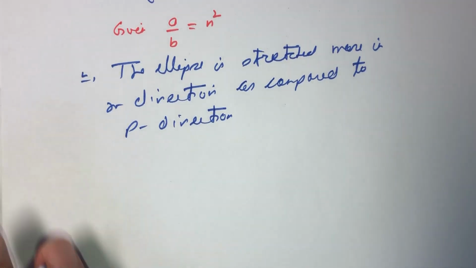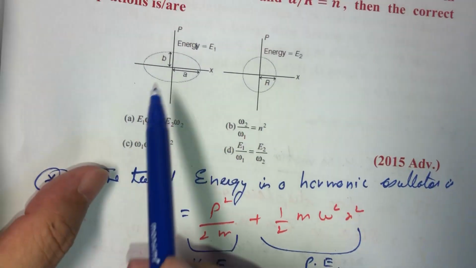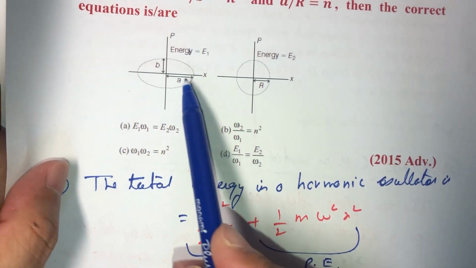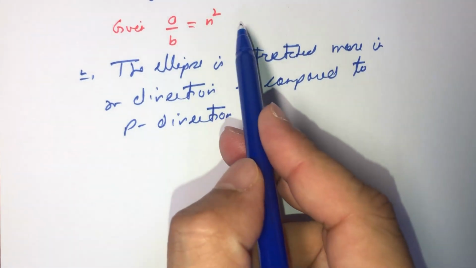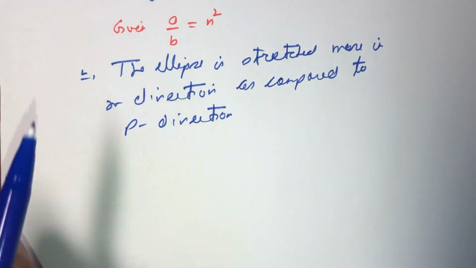The same conclusion can be drawn by looking at the figure. So we can say in the a direction it is stretched more as compared to b direction, and the same thing is reflected by this given equation.